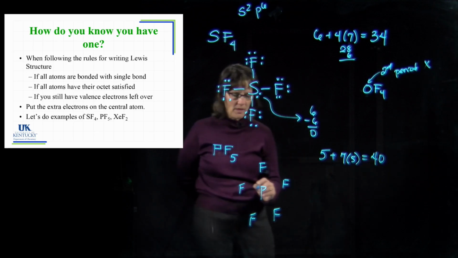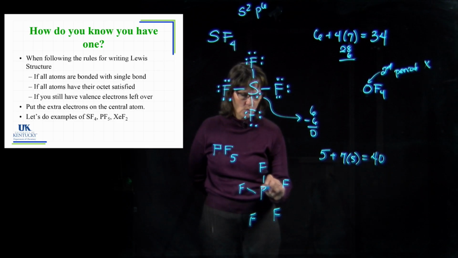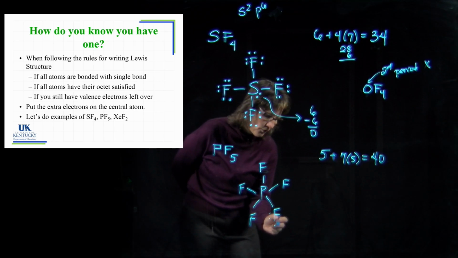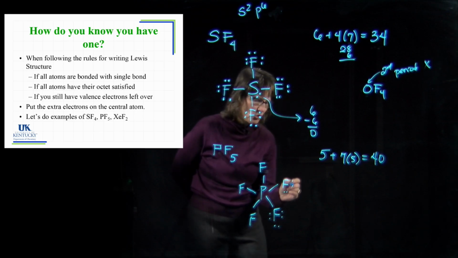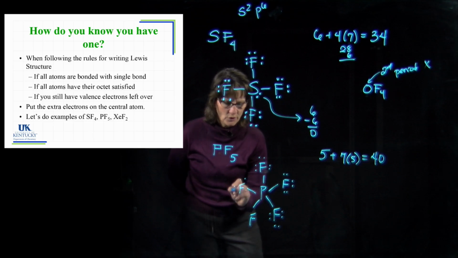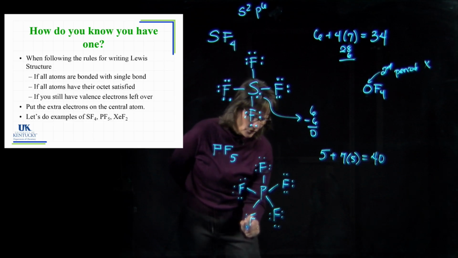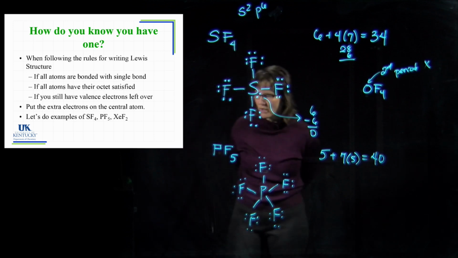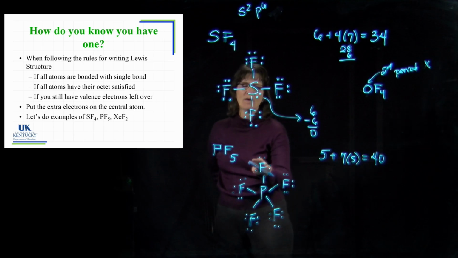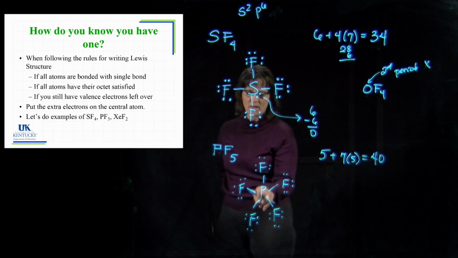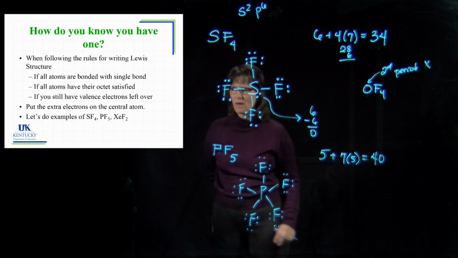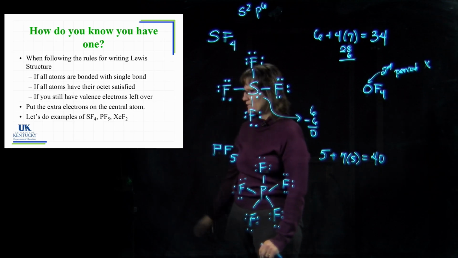So now I connect with a single bond, 2, 4, 6, 8, 10, and then give everybody 8: 12, 14, 16, 18, 20, 22, 24, 26, 28, 30, 32, 34, 36, 38, 40. So I've used 40 electrons. All the fluorines have their 8, and the terminal atoms will always obey the octet rule. If anybody's going to disobey the octet, it's going to be a central atom.